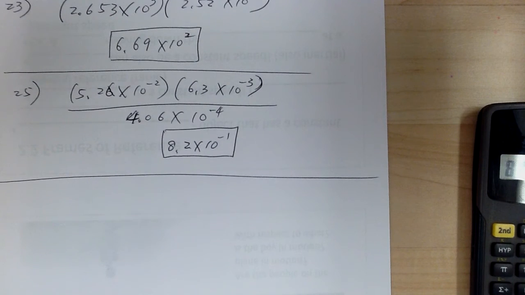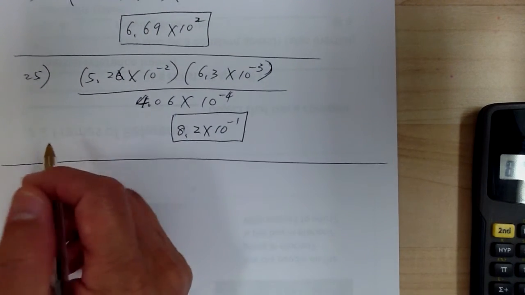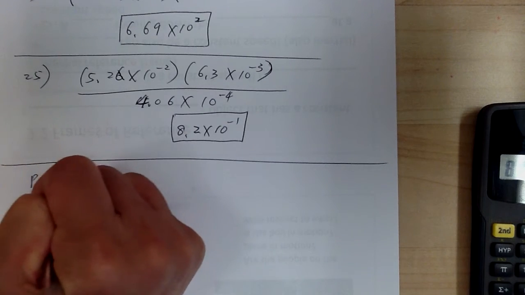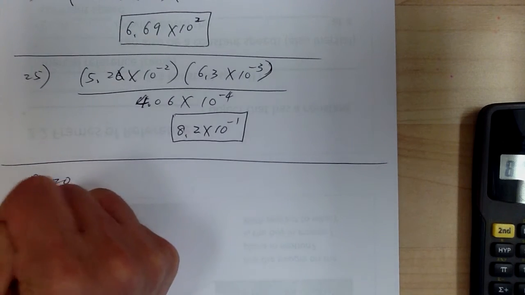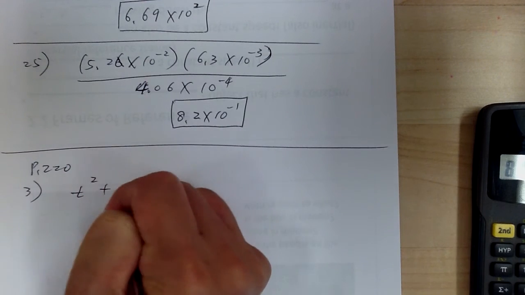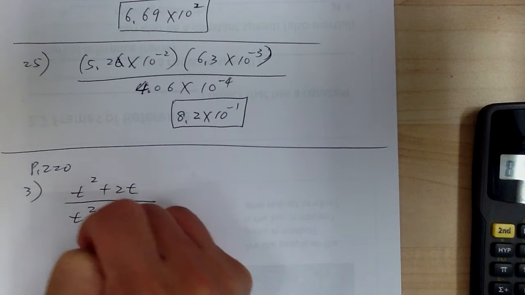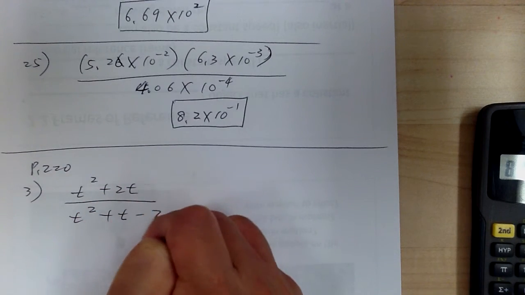Okay, next item, let's go to page 220. Okay, so let's go to number 3. Number 3, you have t squared plus 2t over t squared plus t minus 2.